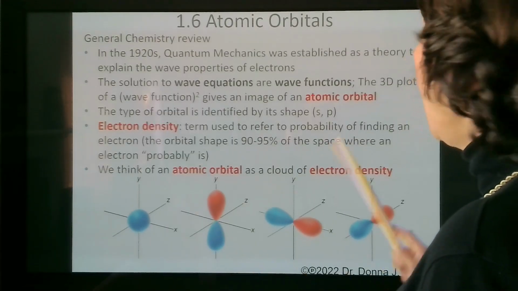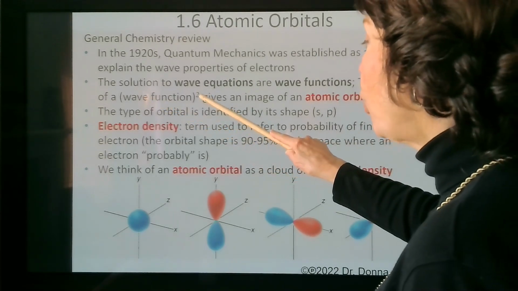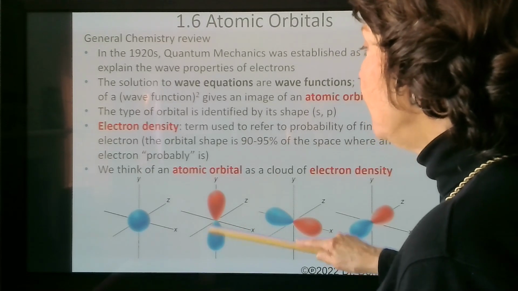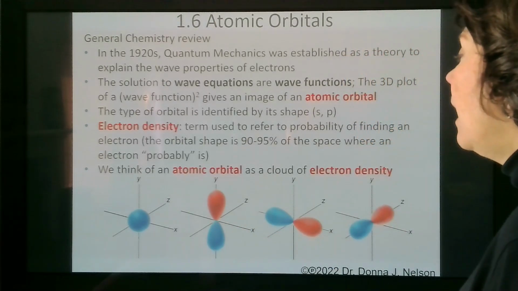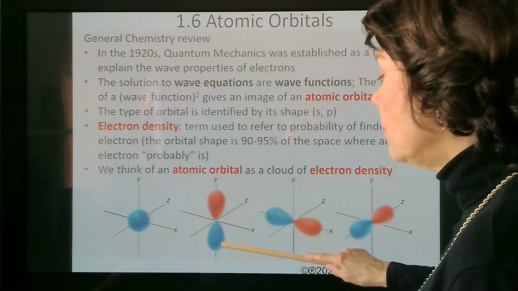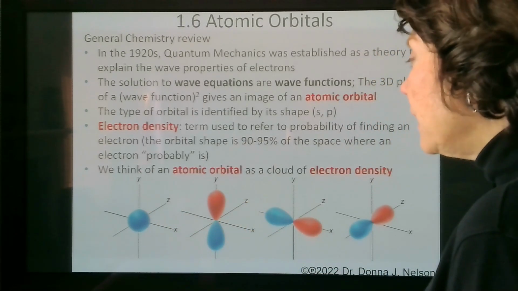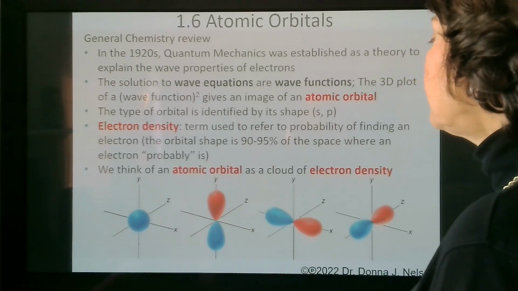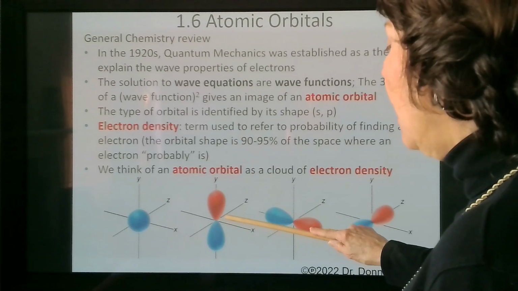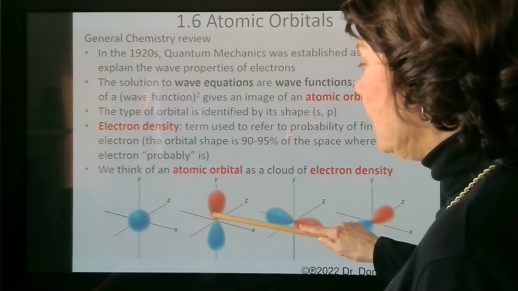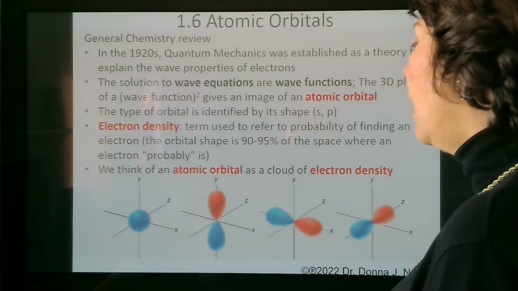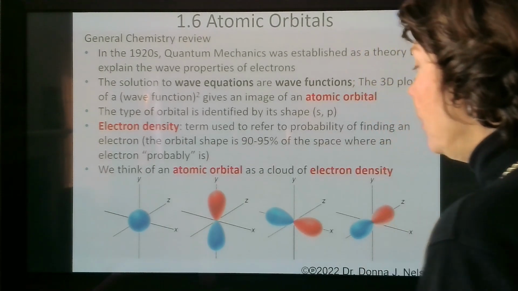The 3D plot of the wave function squared gives an image of the atomic orbital, and this is indeed an atomic orbital. The s is round. The p orbital is sometimes called dumbbell-shaped. The electron density that's shown represents where the electron can be found 90 to 95% of the time.